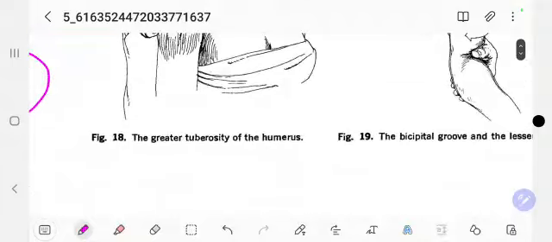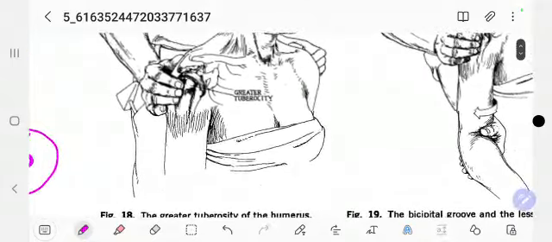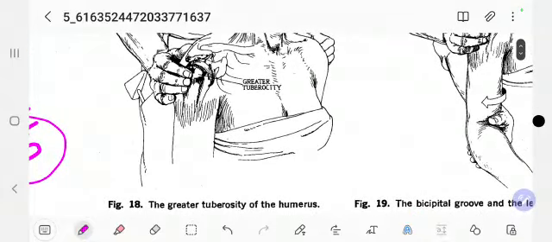Greater tuberosity palpation is very, very important. Here you can see that it is easily palpable when you go down. You will be able to palpate, after one step, the greater tuberosity of the humerus.